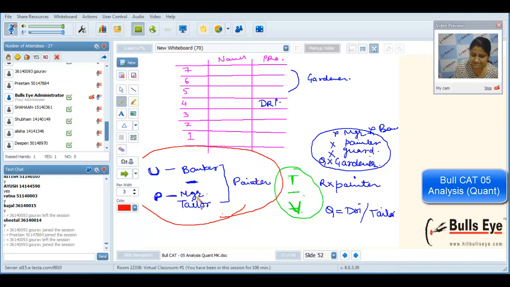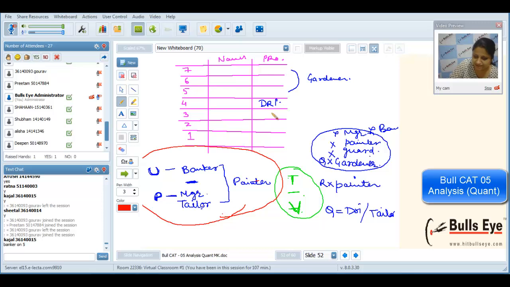Now, can you say in this arrangement, tailor cannot be on 3rd floor, 5th floor, 6th floor or 7th floor? Because above the tailor there should be 3 persons.